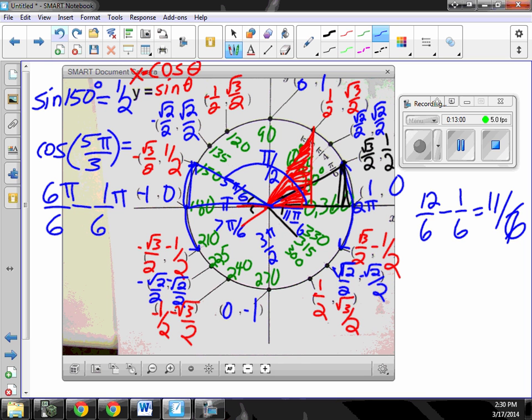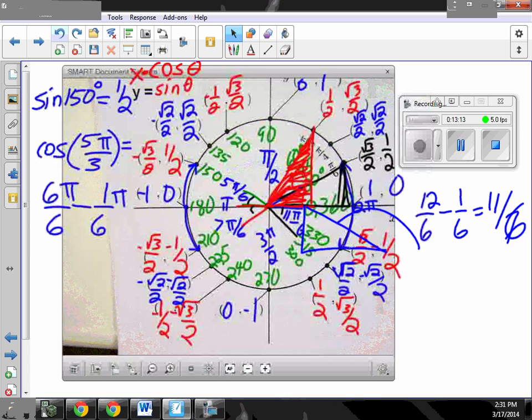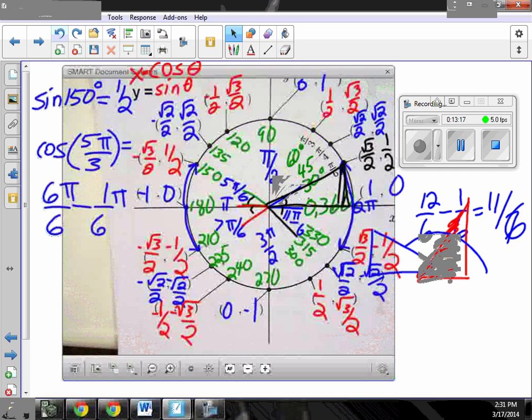Well, 5 pi over 3 is the same as 300. Oh, we didn't do that, did we? Okay, I'm sorry, guys. Let me back up. I'm getting ahead of myself.